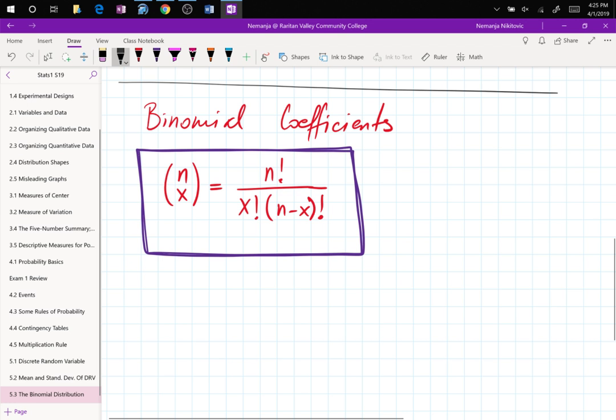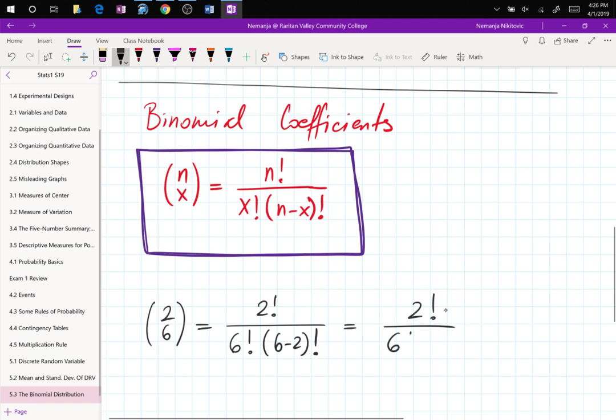So let's say you have 2 choose 6. Well, you know that your n is 2 and your x is 6. You just plug them in where they belong. It's 2 factorial divided by 6 factorial times 6 minus 2 factorial, which is 2 factorial divided by 6 factorial times 4 factorial.